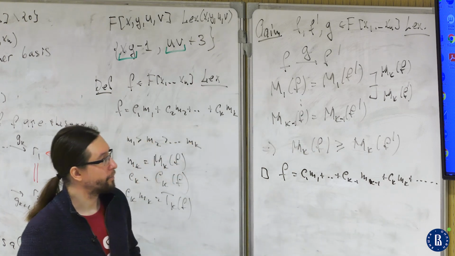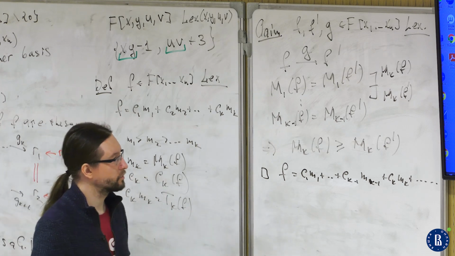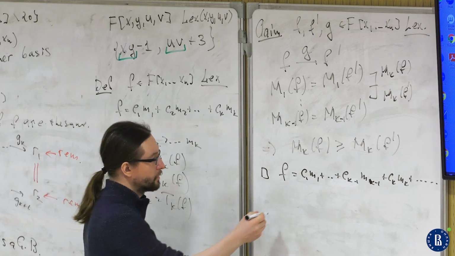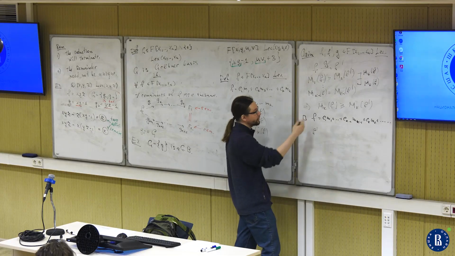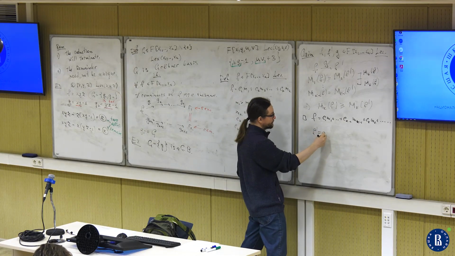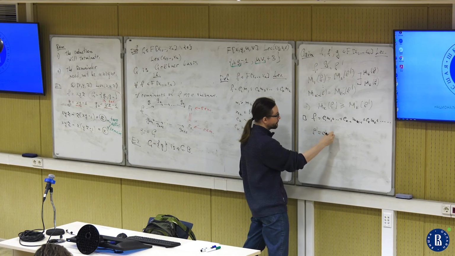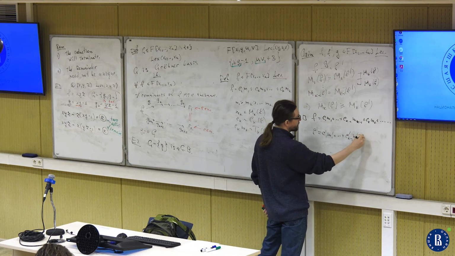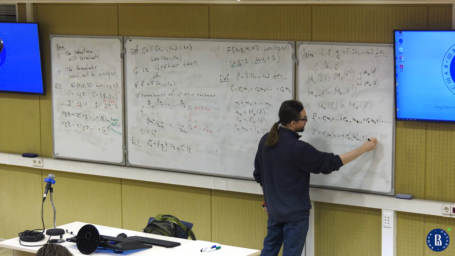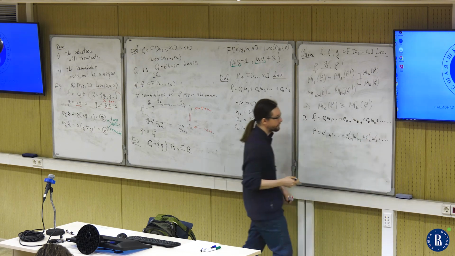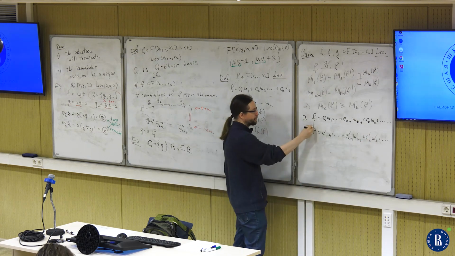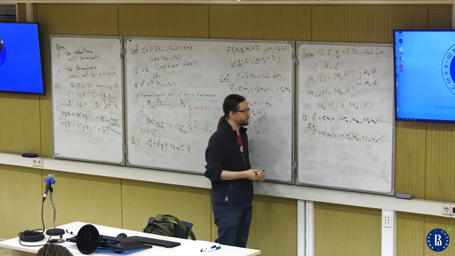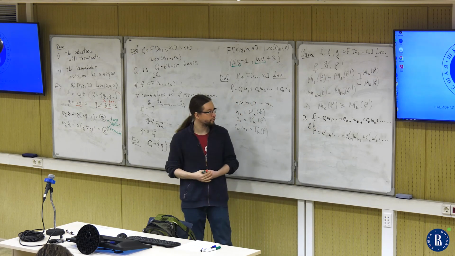Now I want to write down the polynomial f prime, which is a reduction of f. So it's c1 prime m1 prime plus etc. plus c(k minus 1) prime m(k minus 1) prime plus ck prime mk prime plus probably something else. And we know that f prime was a reduction of f with respect to g.